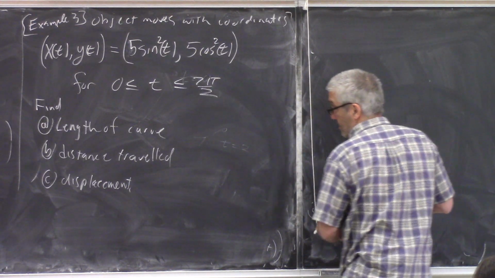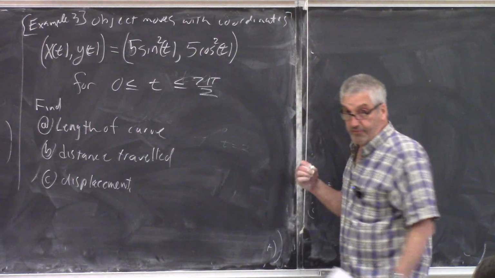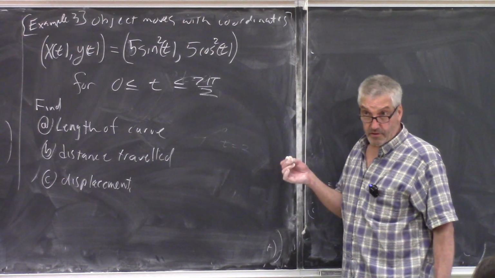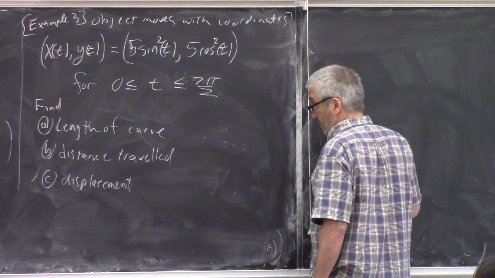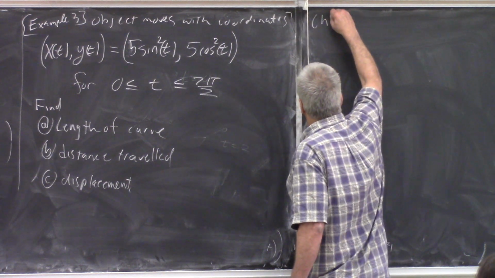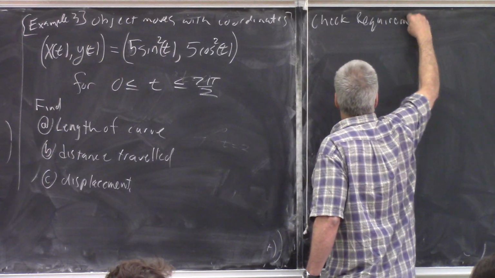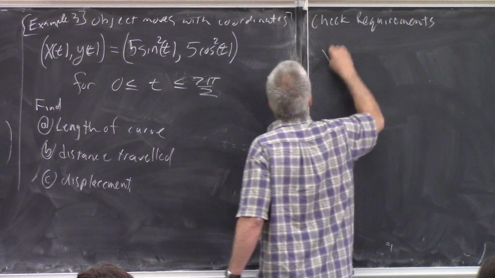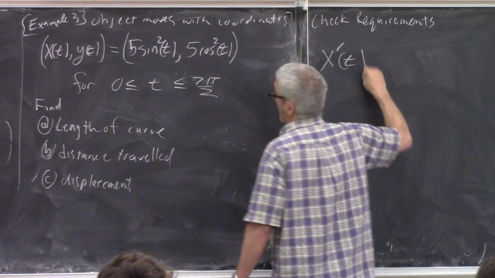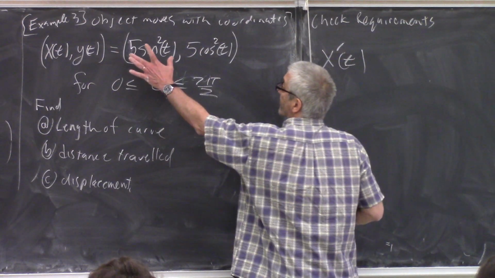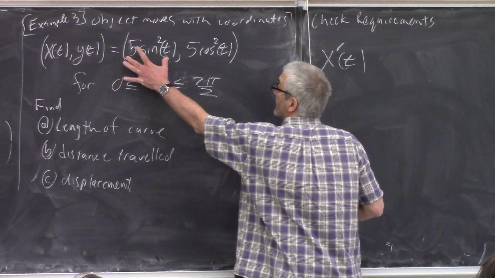Okay. Well, I'm going to sort of cut some corners here because I've got some experience. So check requirements. X prime, is X prime going to exist, and is it going to be continuous?